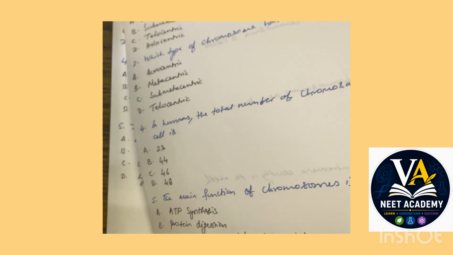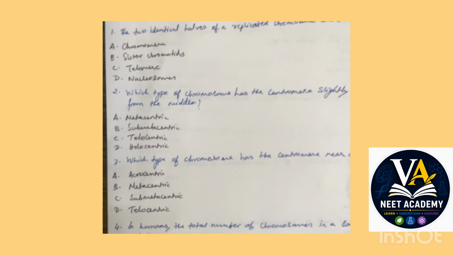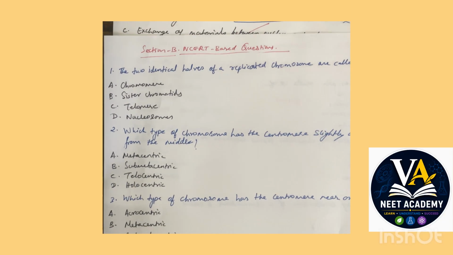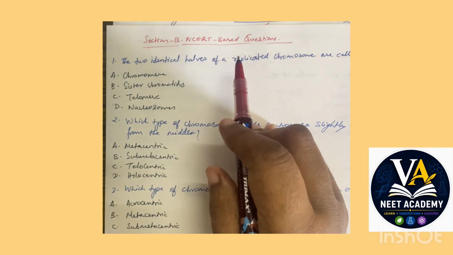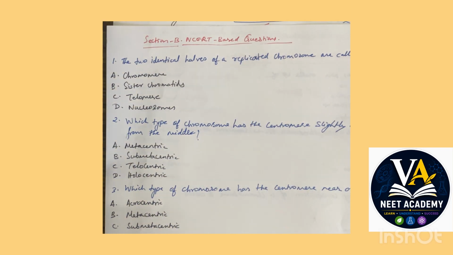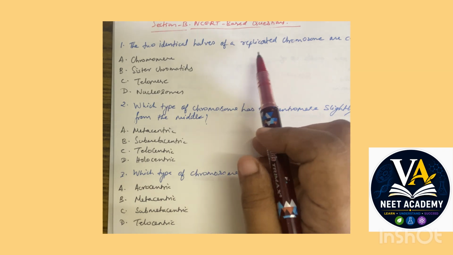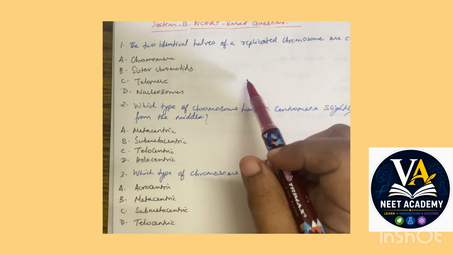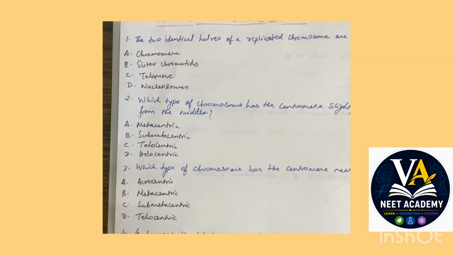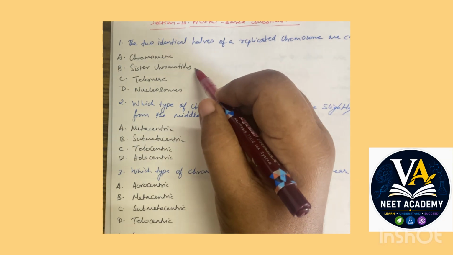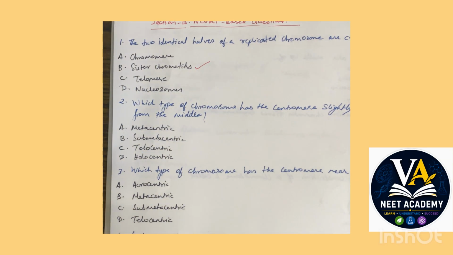Next is section B, your NCERT based questions. The two identical halves of a replicated chromosome are called what? Sister chromatids.